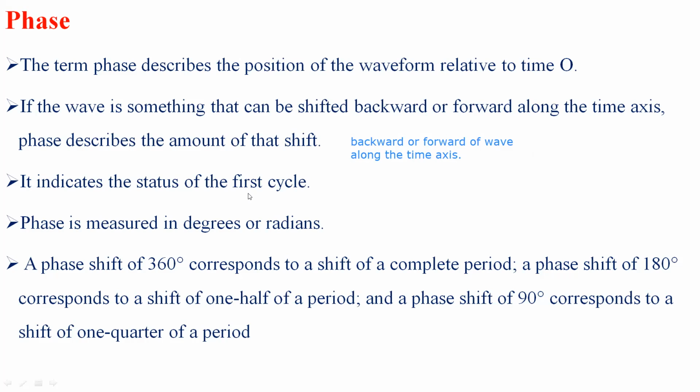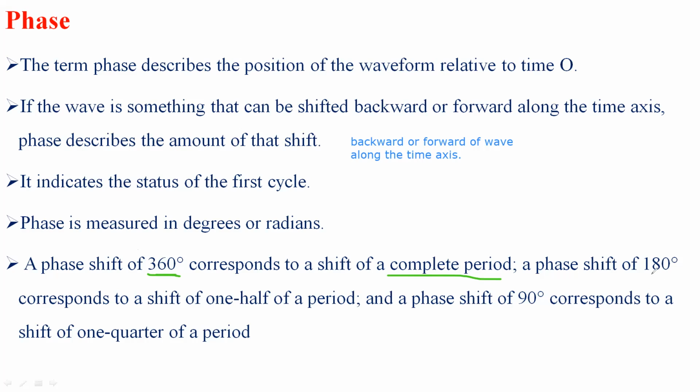So this phase is measured in terms of degrees or radians. Here the phase shift of 360 degrees corresponds to a shift of a complete period. If I say it's a complete period, then it must be a phase shift of 360 degrees. So the phase is eventually measured in degrees. So for a complete period, the phase shift is 360 degrees.